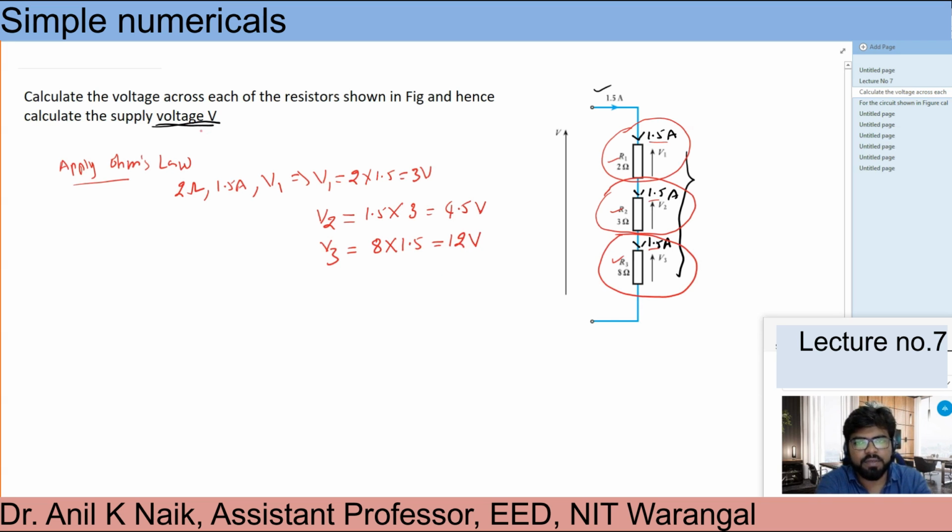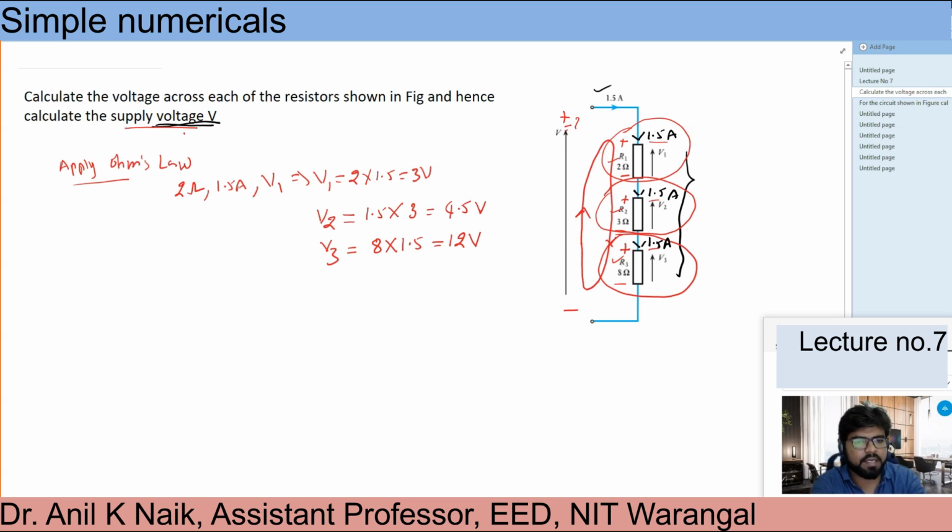But my actual question is to find the supply voltage. Mark plus and minus, with current going in this direction, plus and minus, plus and minus, plus and minus, and start from here and assume it is a closed circuit.